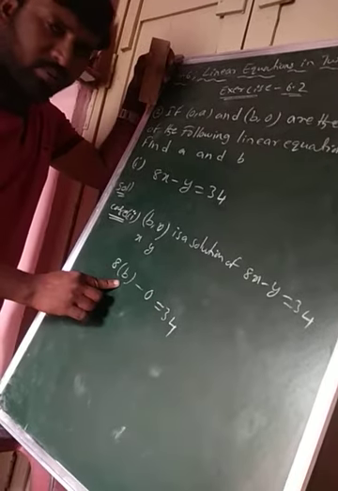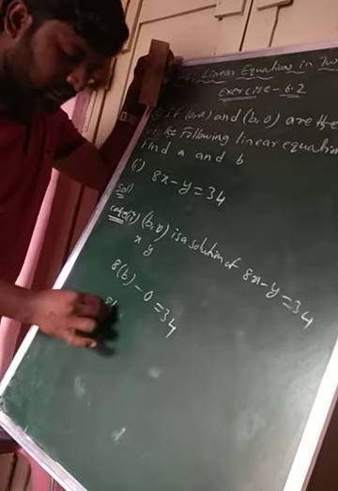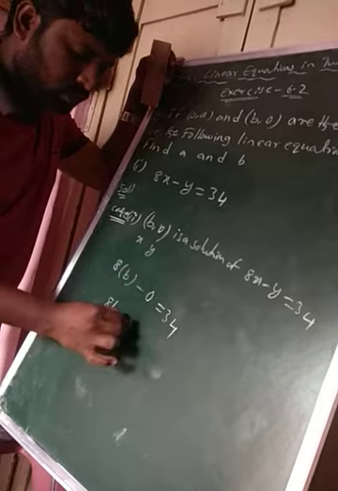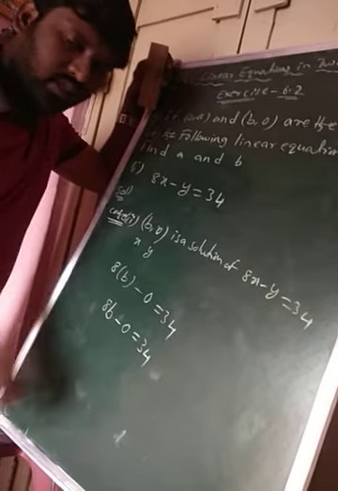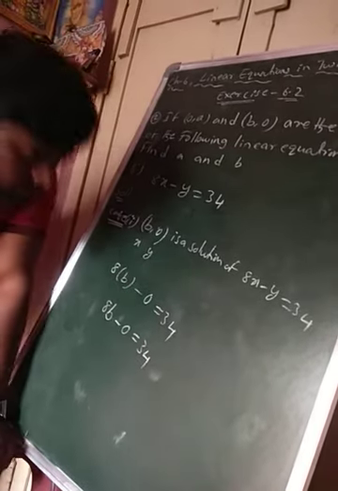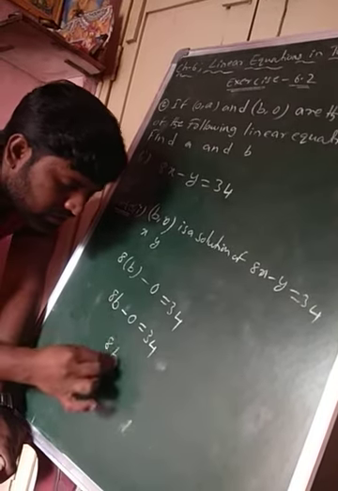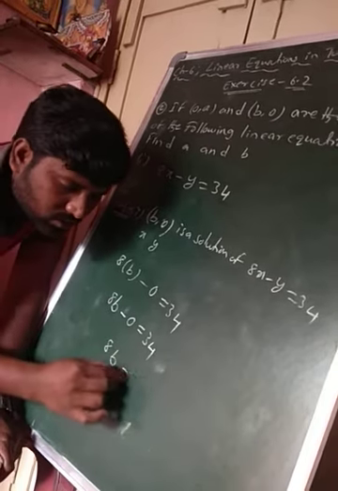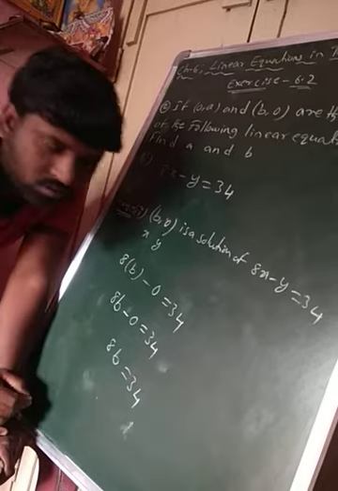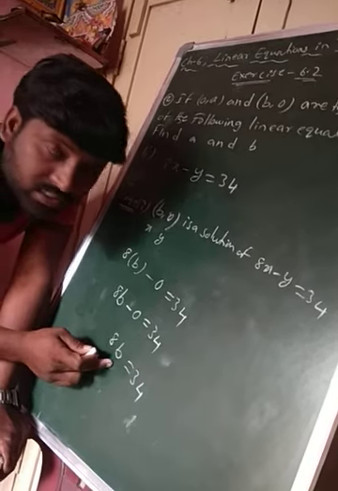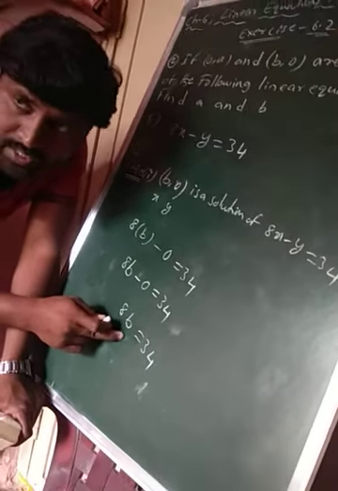Now 8 into b is 8b, minus 0 equals 34. Now 8b minus 0 means 8b only equals 34. We know 8b is the product of 8 and b.